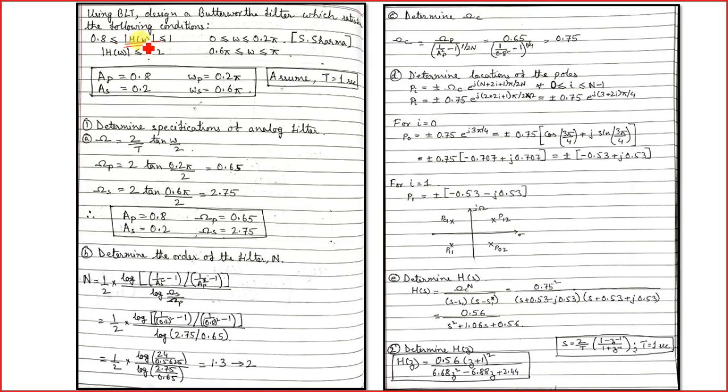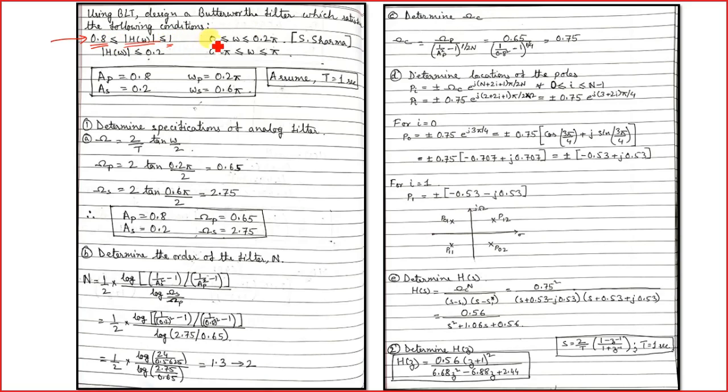So our H of omega would vary in a certain range. So it is in between 0.8 to 1. So over here we are given the normalized frequency response. That's why our value is varying from 0.8 to 1.